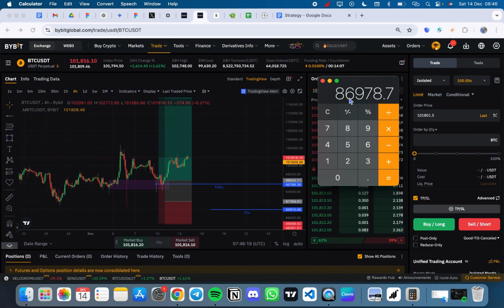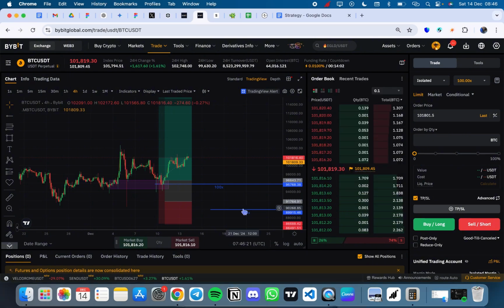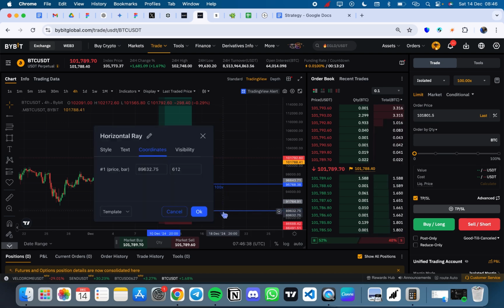So this will be about 86,978. So with this, for our 10x leverage, we just want to get it to 86,354. So let me just paste the value, right? Being this, let's paste that into there.